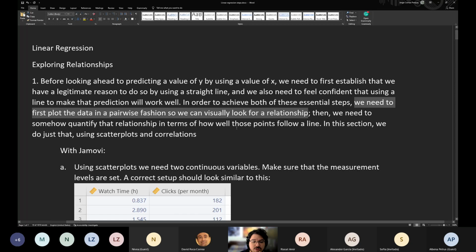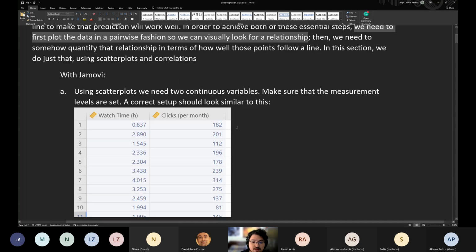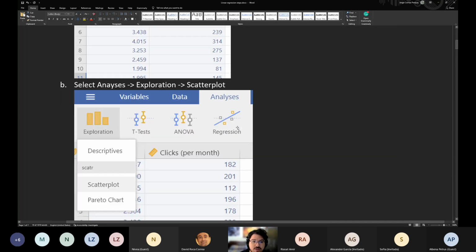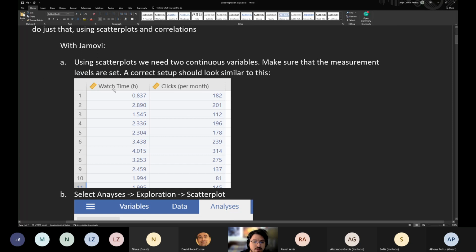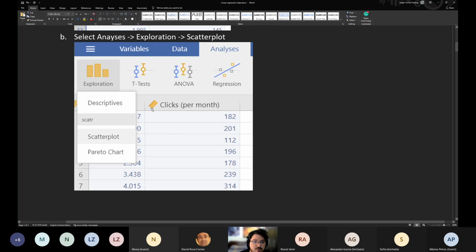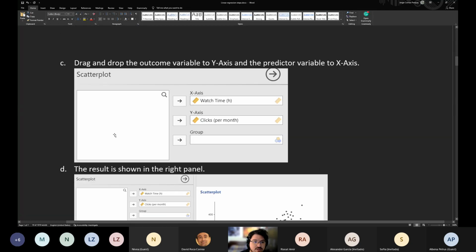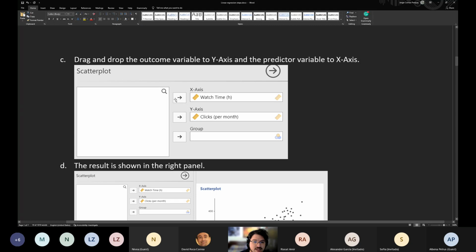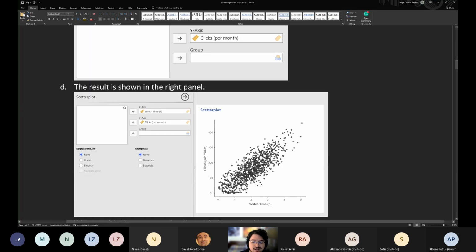To do that, we do scatter plots. We have the data in the data set. We go to exploration, scatter plot. In scatter plot, we assign what we want to be the x-axis, what we want to be the y-axis, and look at it.